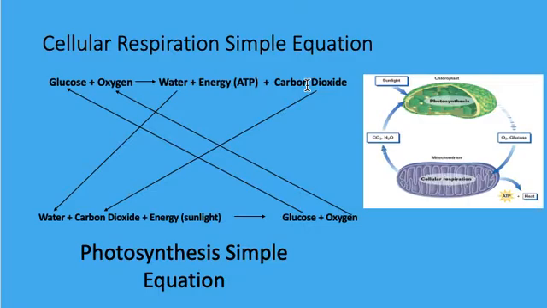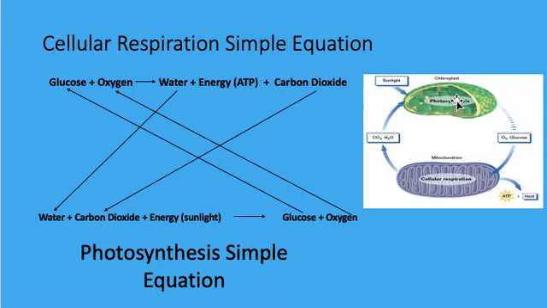And when you compare this to the equation of photosynthesis, you'll notice that the products of cellular respiration are used as what we call reactants in photosynthesis. So water and carbon dioxide and energy from the sun in the equation of photosynthesis combine to make glucose and oxygen. So when we put these two processes together, we see kind of a loop, right?